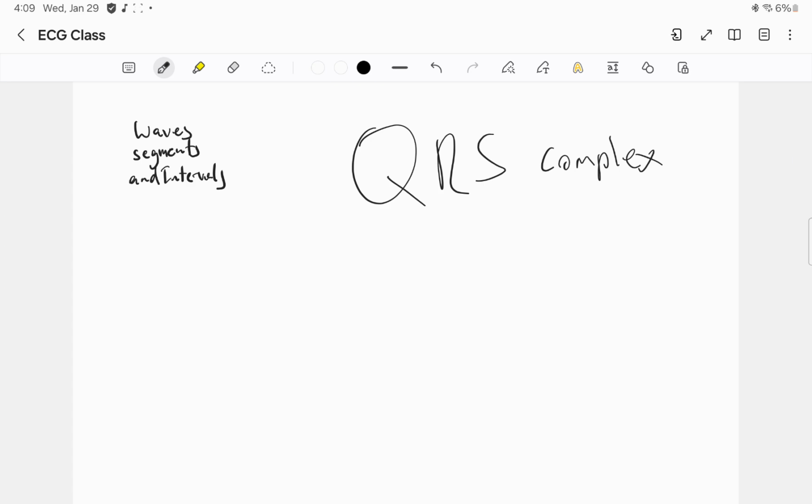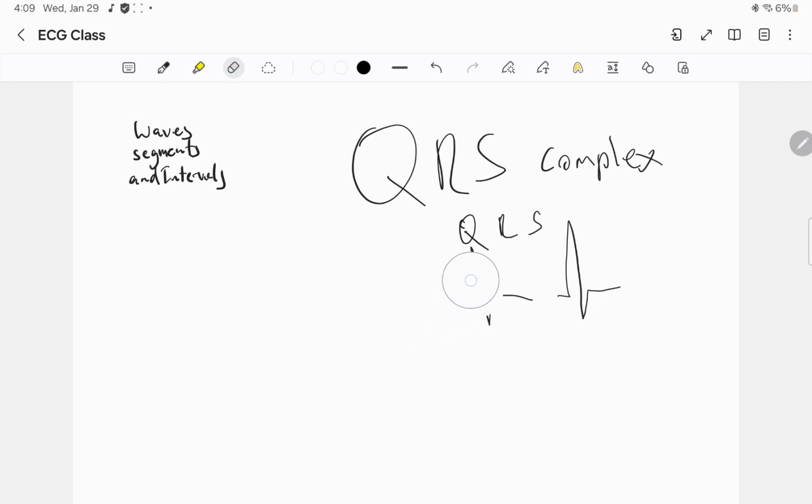So not all QRS complexes have to have each of these waves, meaning Q wave, R wave, S wave, all right? So this is called a QRS complex. This is called a QRS complex. This is called a QRS complex. So I think for a lot of persons initially there's some confusion about that.